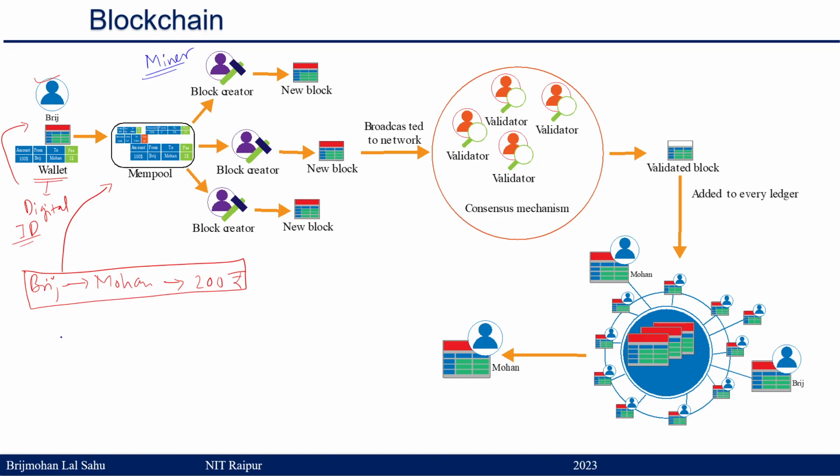There is a concept of consensus protocol. You may have heard about proof of work, proof of stake, delegated proof of stake, and several other options. Proof of work was introduced by Bitcoin.